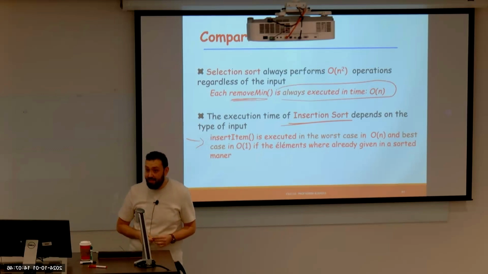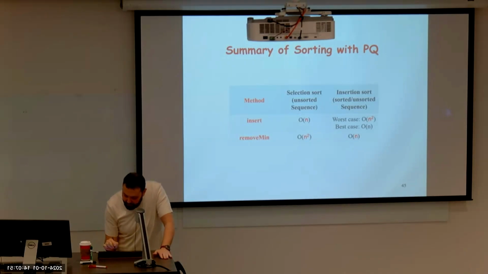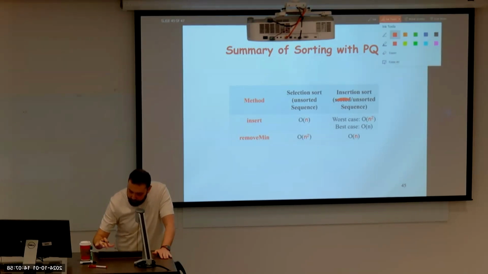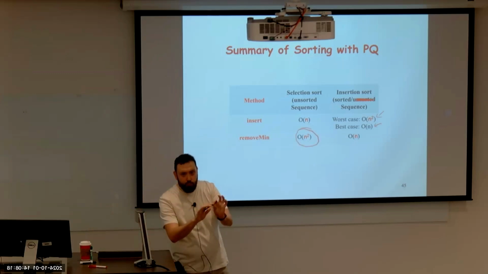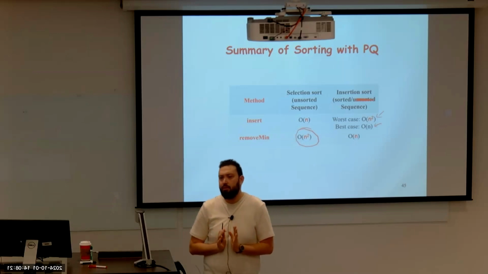So the insertion sort represents the sorted one. Worst case, O of n squared, but the best case can be O of n because they may be sorted, right? And then for the selection sort, it's always going to be O of n squared. So technically, worst case scenario, both of them are O of n squared.